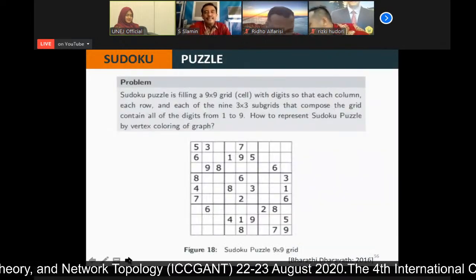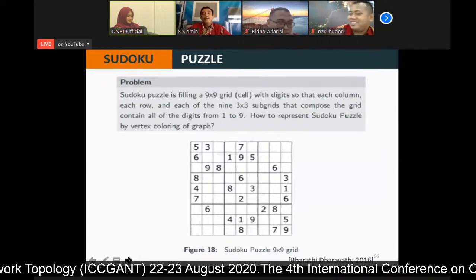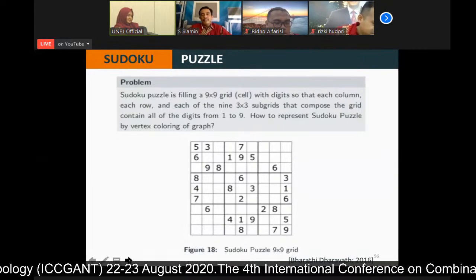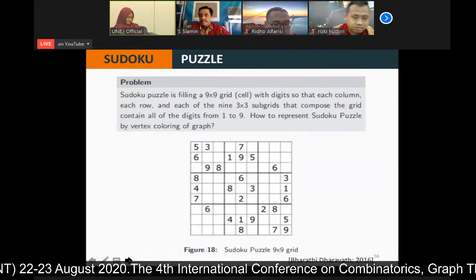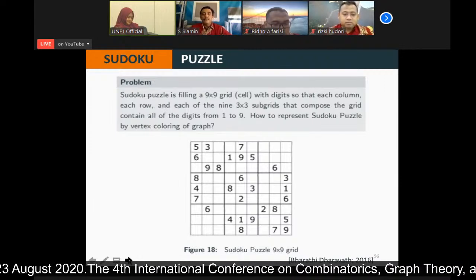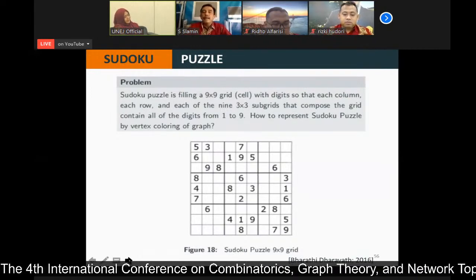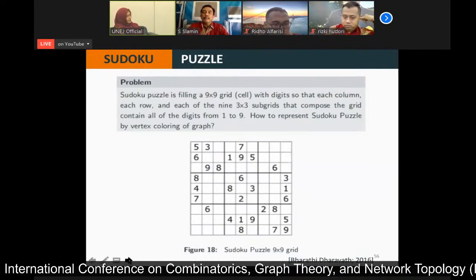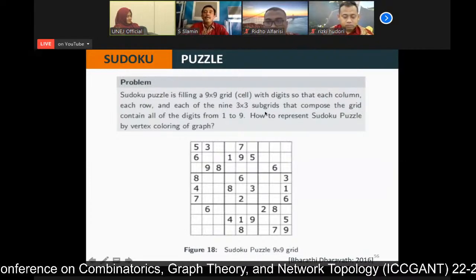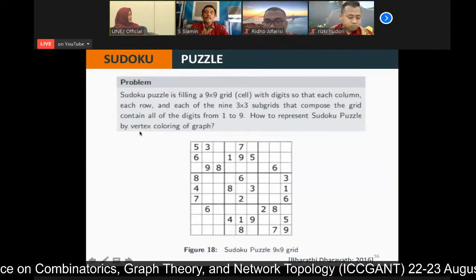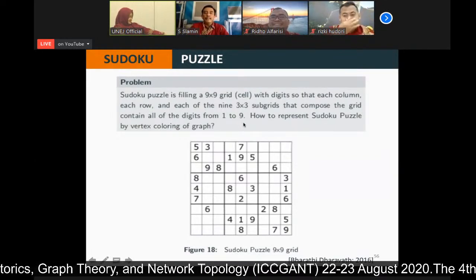Okay, the second problem is the Sudoku puzzle. You put integer numbers from 1 to 9 into the grid, usually a 9 times 9 grid, so that each column, each row, and each subgrid that composes the grid contains all the digits from 1 to 9, all different.